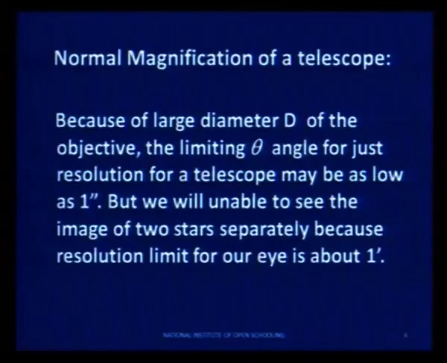Now, we can also connect it to the normal magnification of the telescope. Because of the large diameter of the objective, the limiting angle theta for just resolution for a telescope may be as low as 1 minute, but we will be unable to see the images of two stars separately because the resolution limit of our eye is about 1 minute.